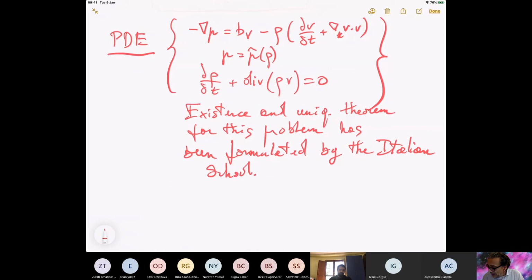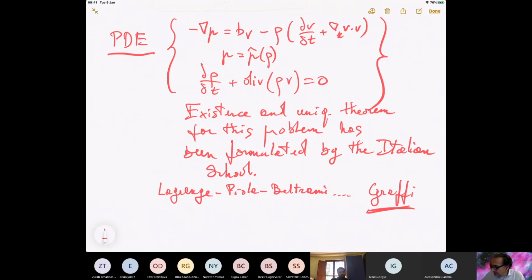Okay. However, this problem has been studied by Lagrange, Piola, then Beltrami, and then continued until Graffi, who has proven the existence and uniqueness for boundary condition problems for this system of partial differential equations with the modern formalism of Sobolev.